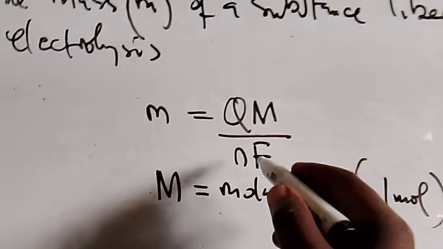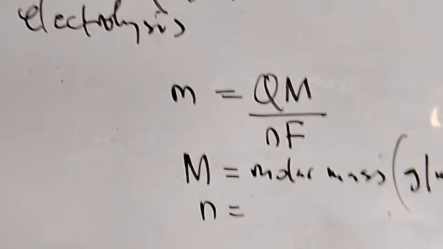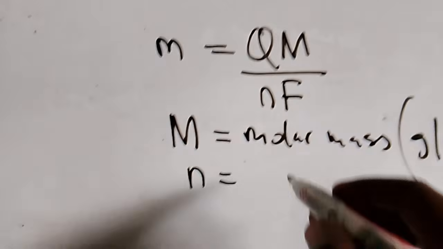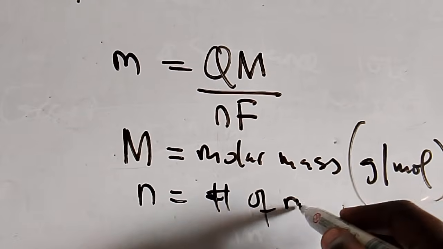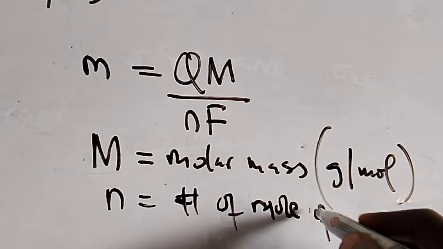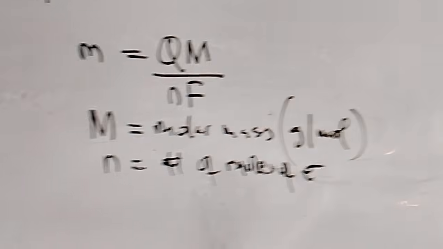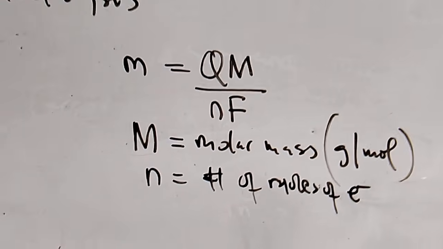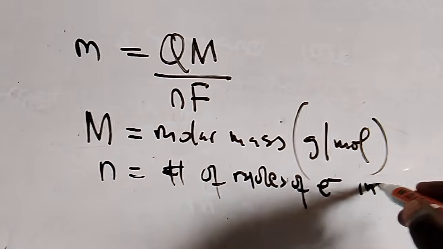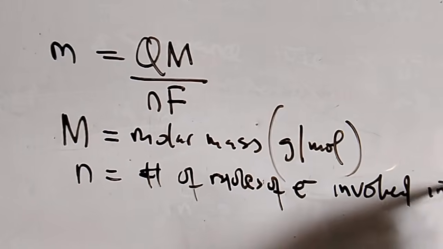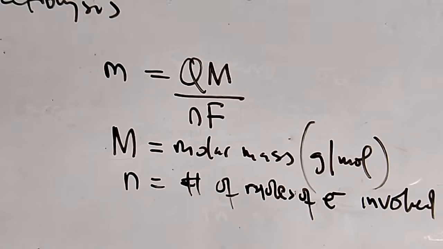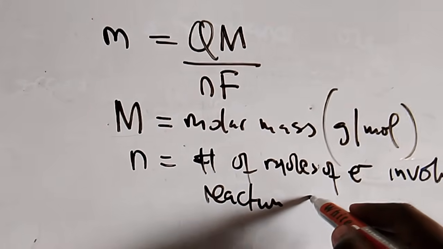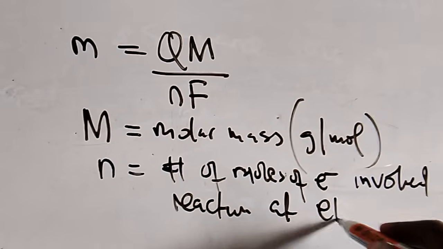Then N is the number of moles of electrons involved in the redox reaction at the electrode.